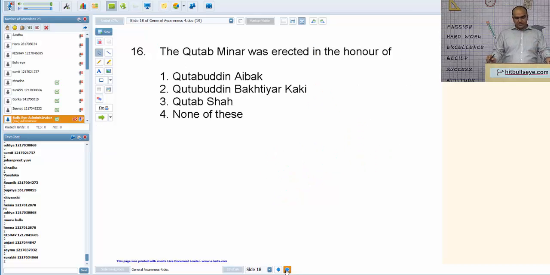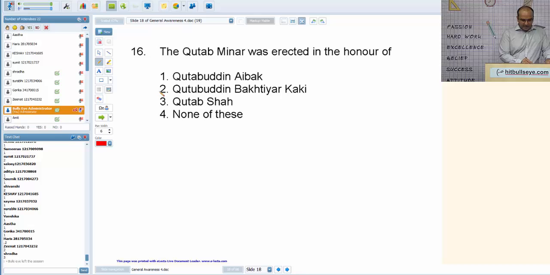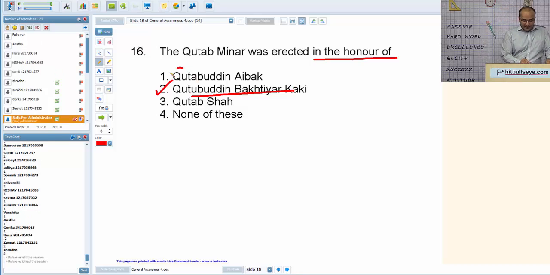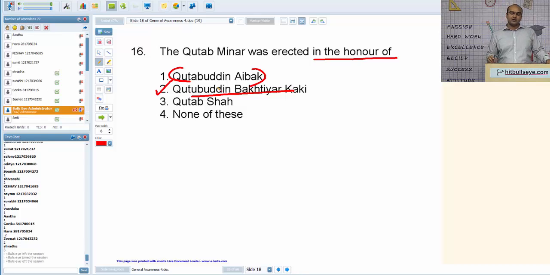Next, the Qutb Minar was erected in honor of... Okay, this is a tricky question and most of you seem to have fallen for this particular trap. It was erected in honor of a Sufi saint called Qutbuddin Bakhtiyar Kaki. Qutbuddin Aibak was the king who started the construction of this minar.